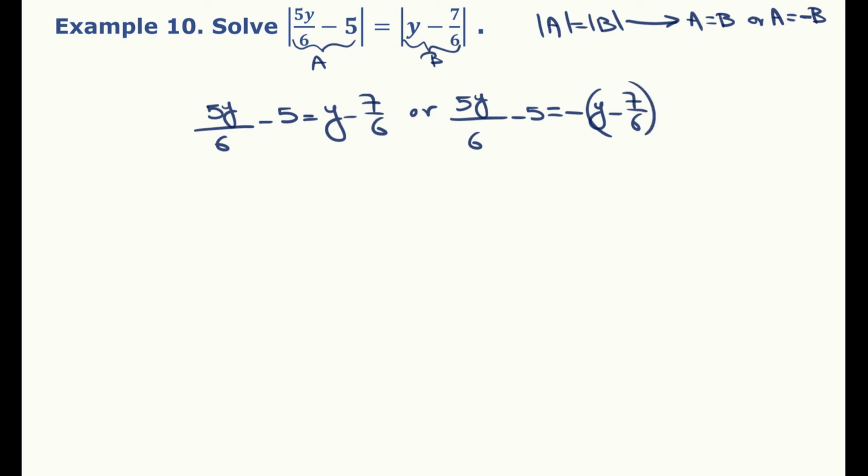Now we go ahead and solve both of these equations by clearing the fractions first, which makes it so much easier. Because the LCD is 6 for the whole equation, we'll multiply both sides by 6. Notice you have 2 terms here and 2 terms here, and when you multiply each side by 6, it has to get distributed, and therefore 6 gets multiplied by each of these terms.